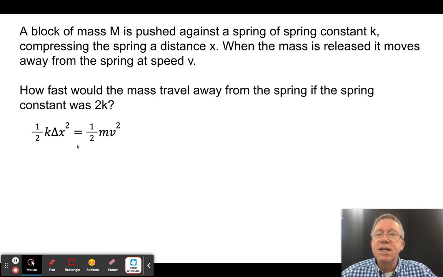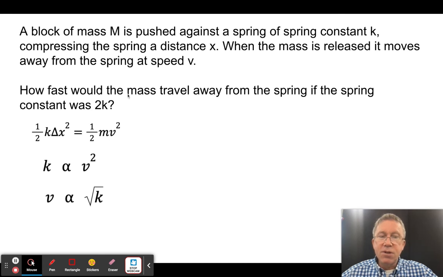So that tells us then that k is proportional to v², which means that v is proportional to the square root of k. Now remember, the question is how fast would it travel? For those who are still struggling with proportional reasoning, when you have a question like this, how fast would the mass travel, the velocity, you don't want any exponent on that.